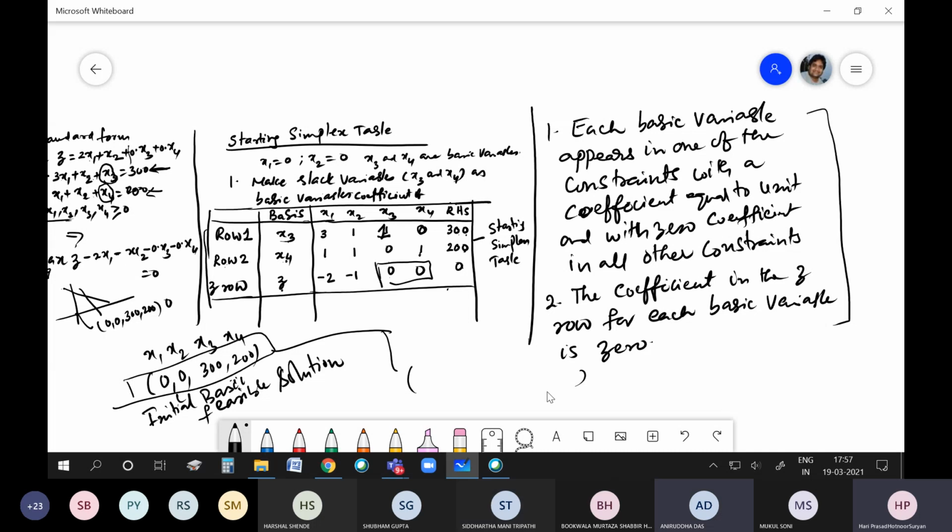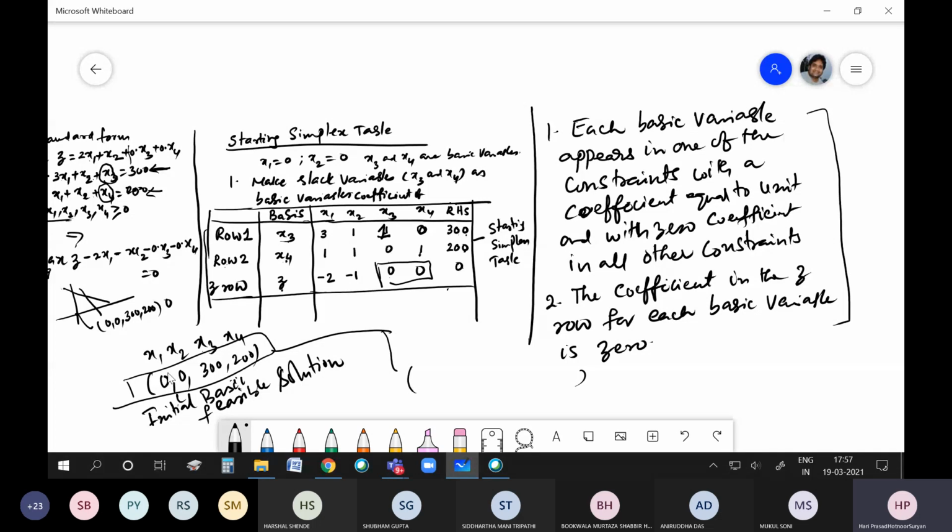I can make x1 or x2 one of the basic variables.